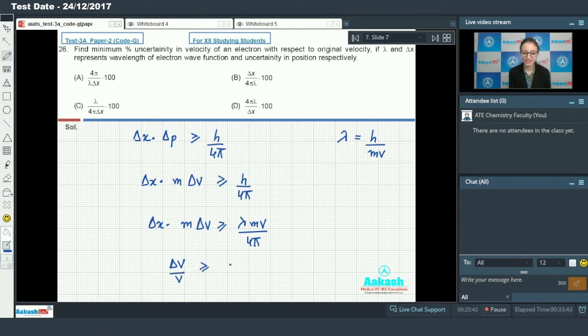It would be greater than equals to lambda upon 4 pi delta x. So minimum percentage of uncertainty in velocity with respect to original velocity, it would be lambda upon 4 pi delta x into 100. So answer is option C.